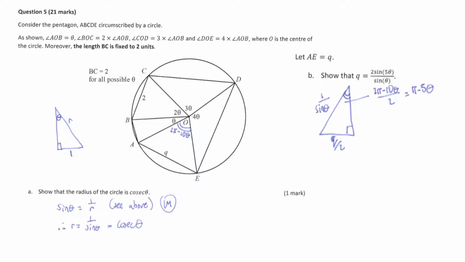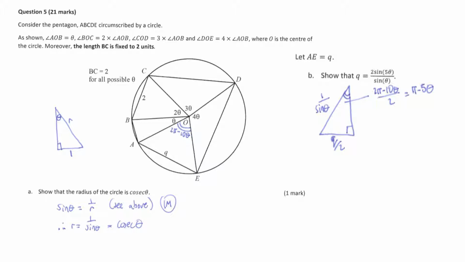The second part was getting an expression for Q. The first thing is, of course, OAE is also isosceles, which I can split into 2 equal right angle triangles. So the angle is 360, or 2 pi, minus the sum of theta, 2 theta, 3 theta, and 4 theta, which is 10 theta, all divided by 2.